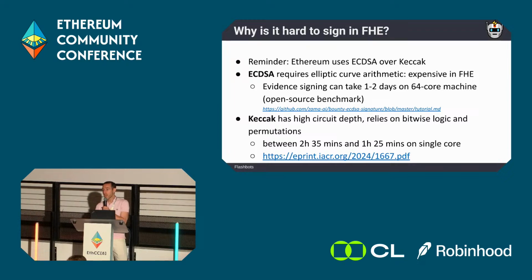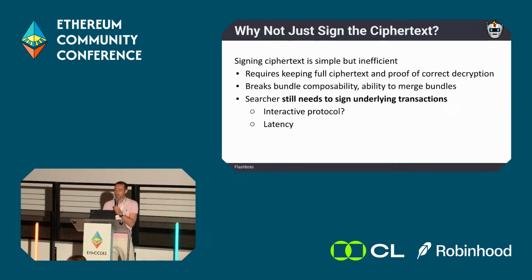Well, you could maybe try to sign the resulting ciphertext, right? The searcher generates this thing. It's just this blob of data. It doesn't know what's in there, but it just signs it into the builder. Maybe, but remember that if we want to eventually have a valid transaction, once the builder decrypts it, that's still not signed.